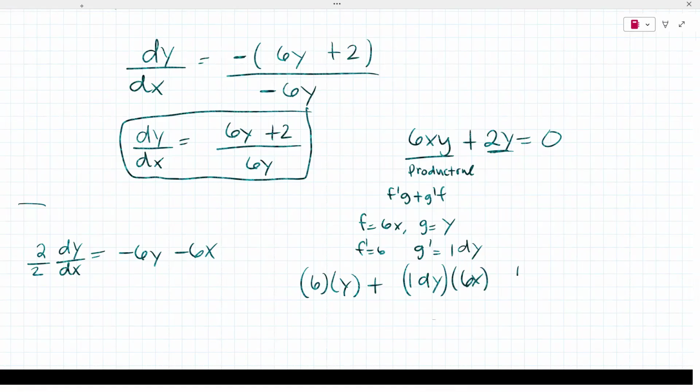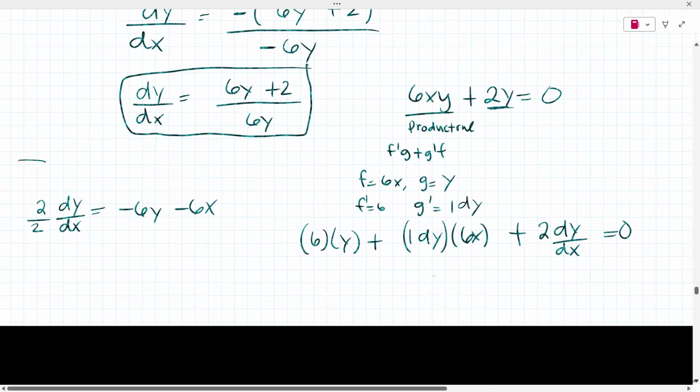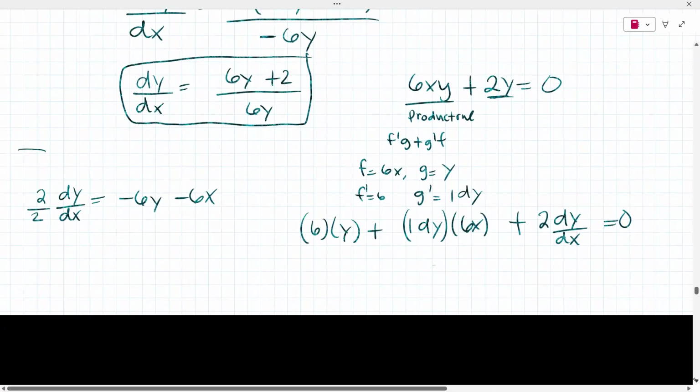And then plus the derivative of 2y is 2 dy dx. This is 0. Okay. Now let's go ahead and clean this up and try to solve for dy dx.